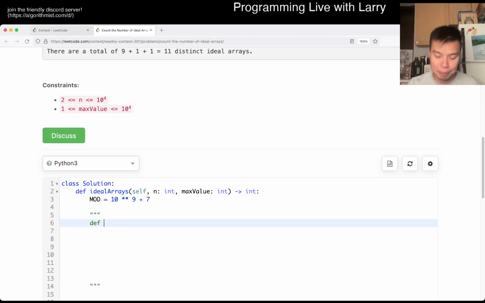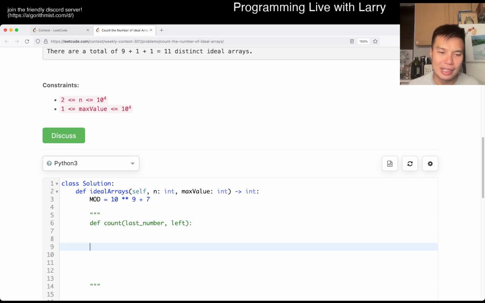Just a rough day, but basically the idea is that you have the last number, and then how many numbers you have left in the sequence.